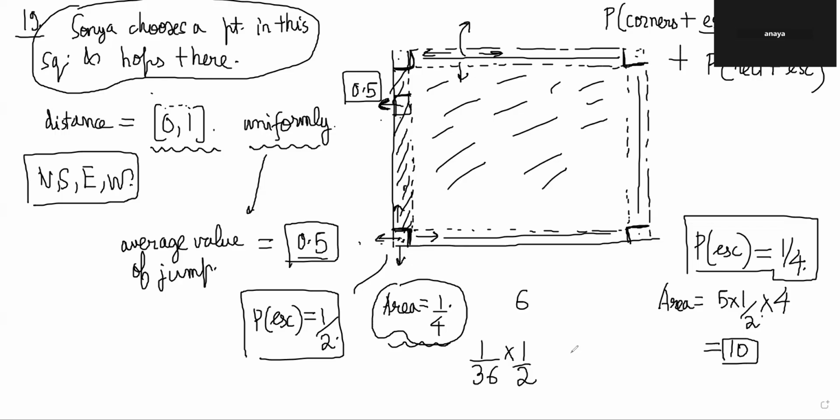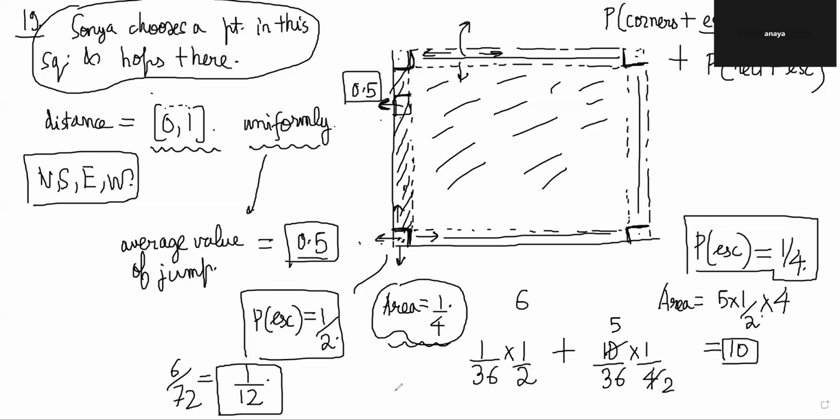So the other area would be 10 over 36 multiplied by the probability of escaping is 1 over 4, right? Yes. So what we would get here is 5 by 2 into 36. So we are getting 5 by 72 and 1 by 72, or 6 by 72, which is 1 over 12, right? Do you understand what I'm doing?